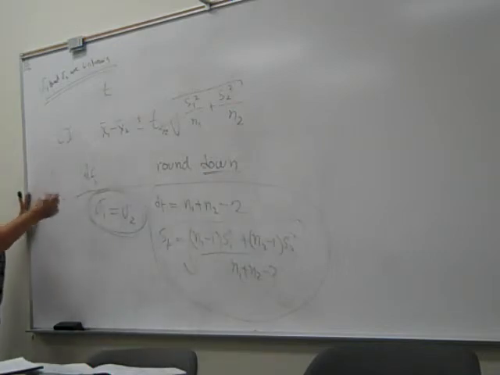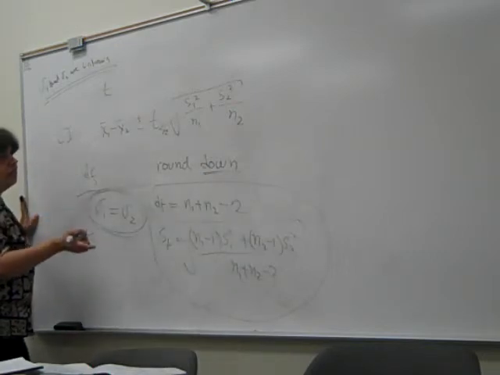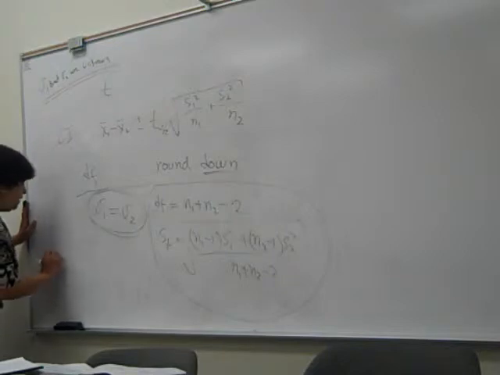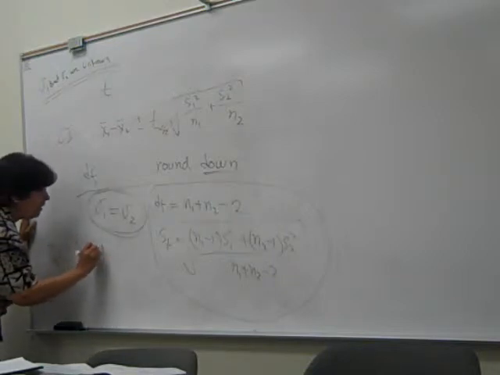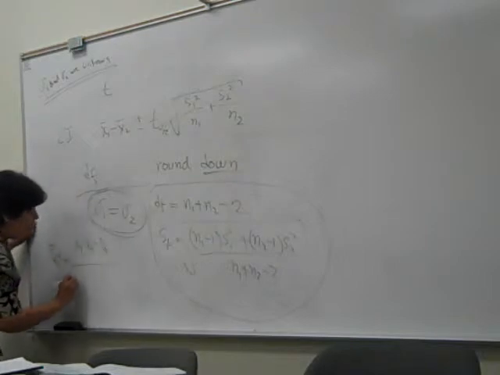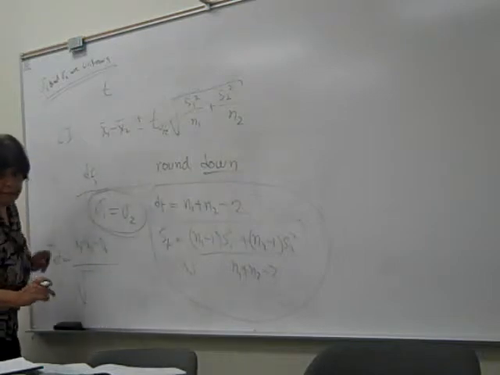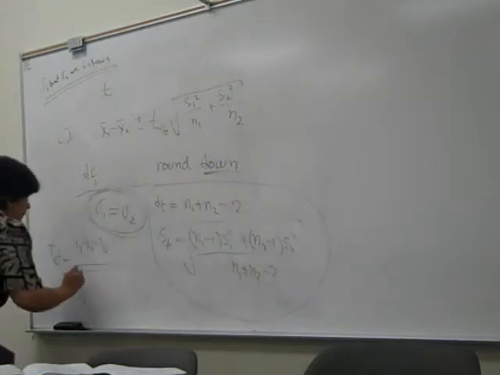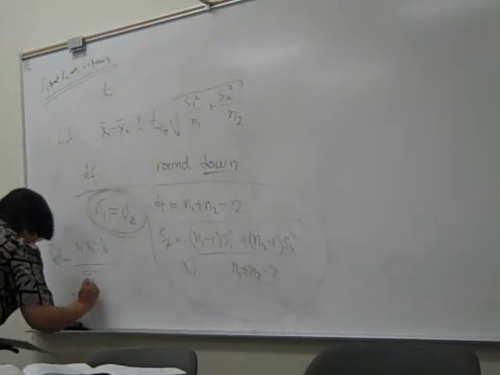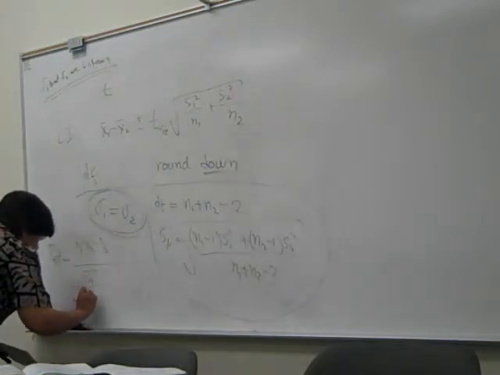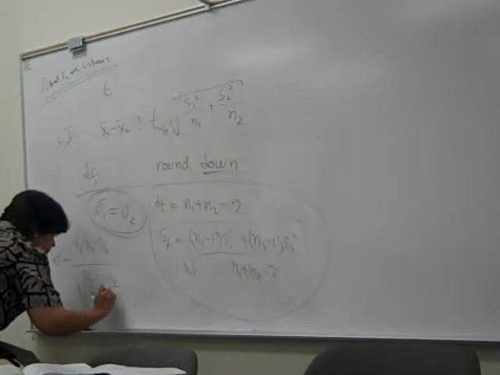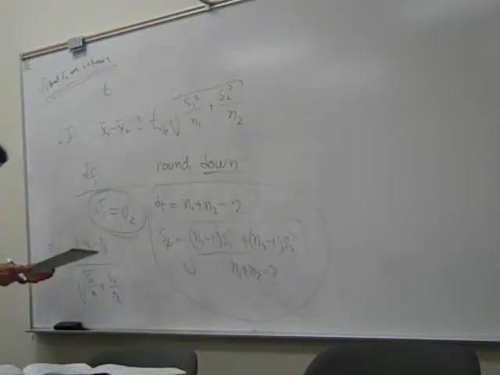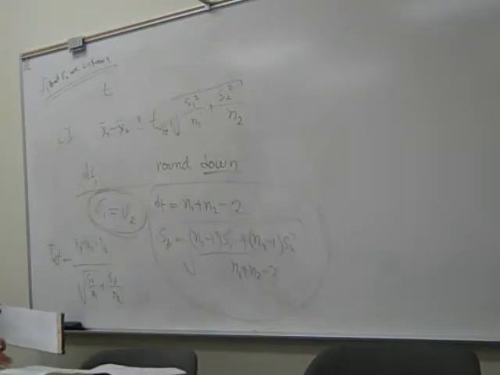And of course, when you are dealing with hypothesis testing, your test value is going to be x1 minus x2 minus d0 divided by what? The square root of S1 divided by n1 plus S2 divided by n2. That's it, right?